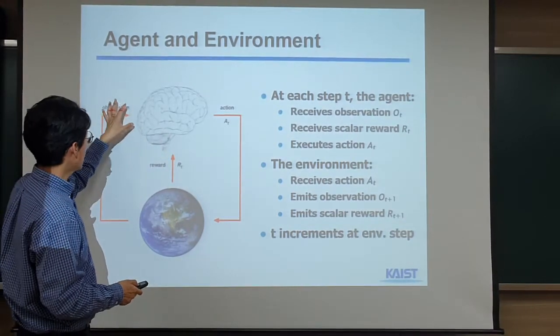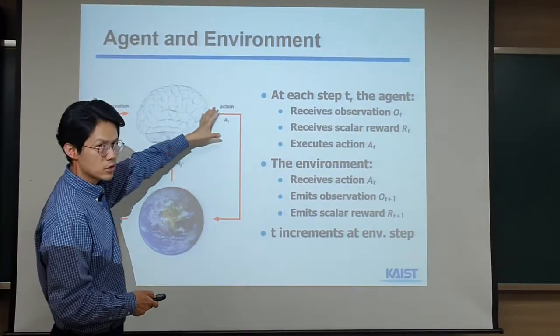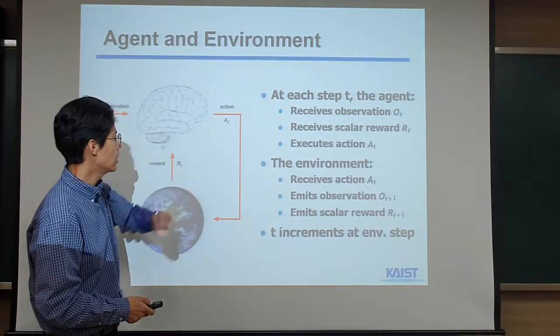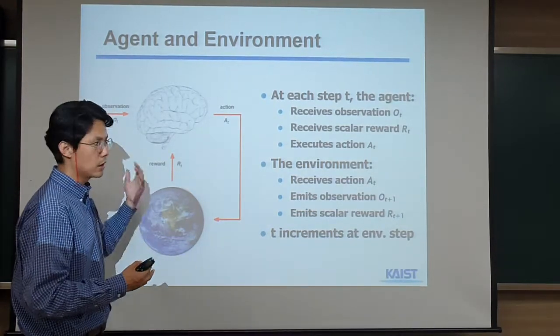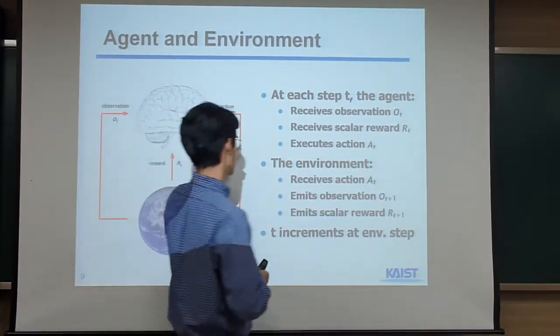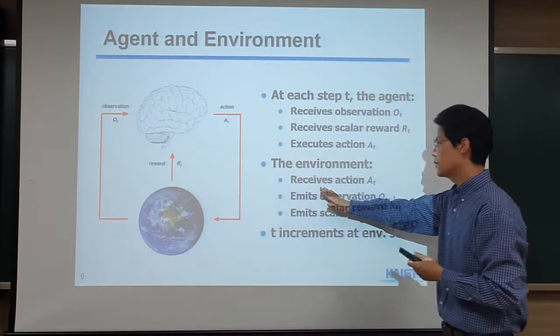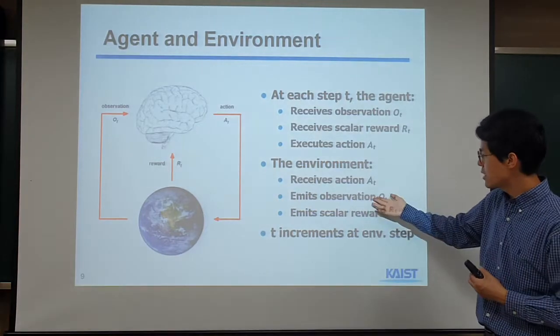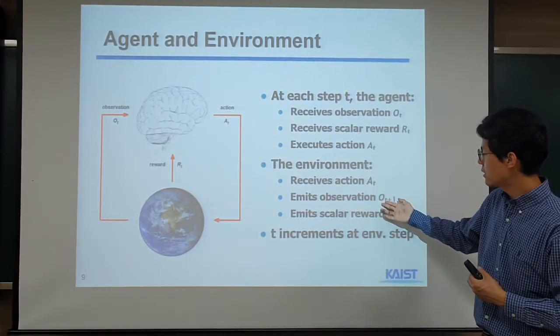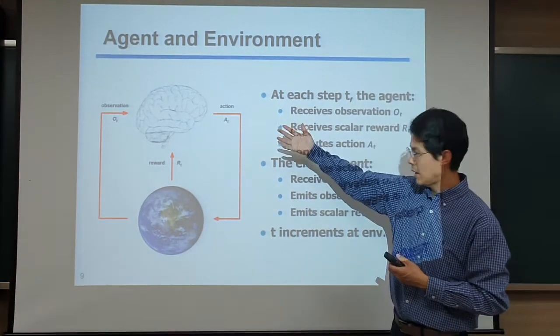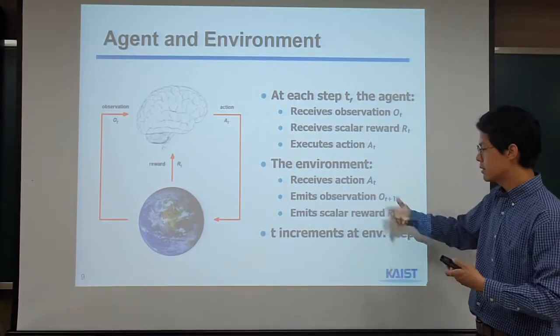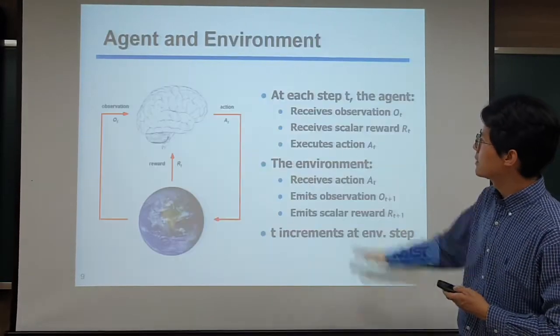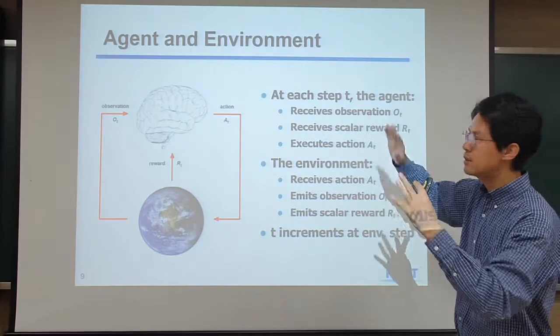Based on our observation and reward, we take the action that may lead to a better reward later on. Then the environment receives the particular action that we take, and it emits the observation and another scalar reward for the next time step. And then we keep doing that by incrementing this time t. This is the basic context for RL.